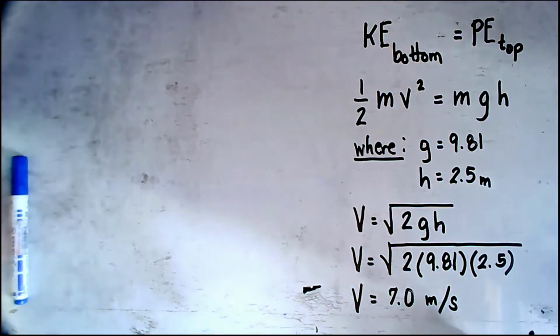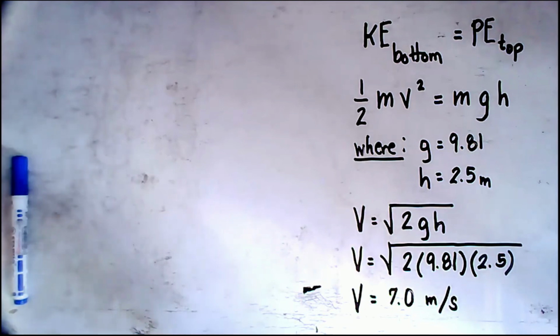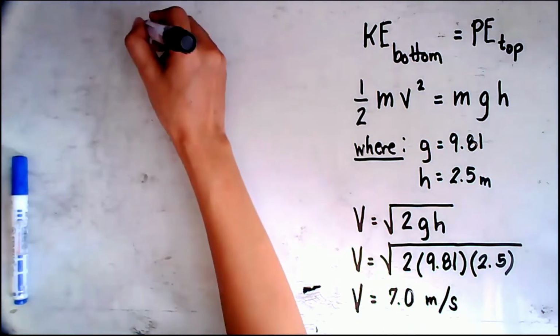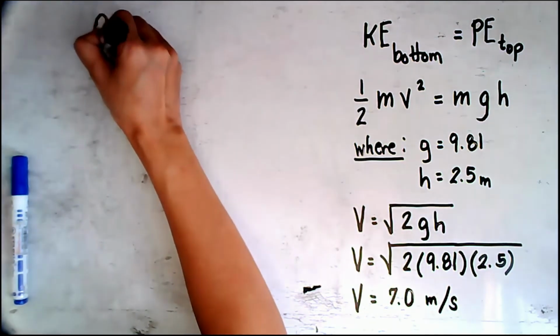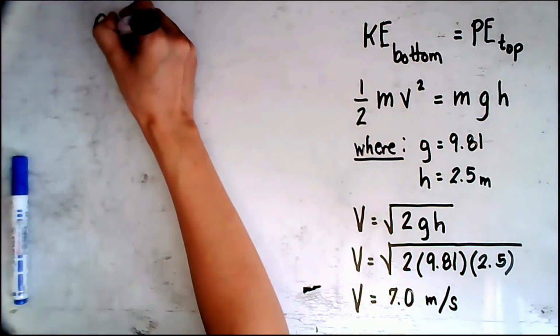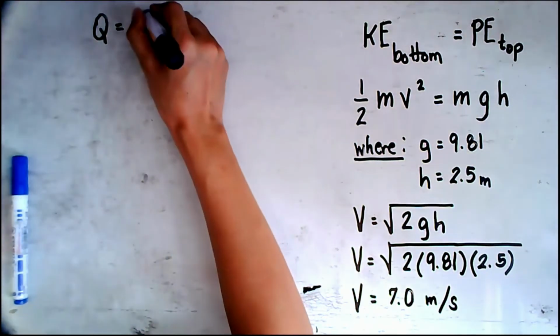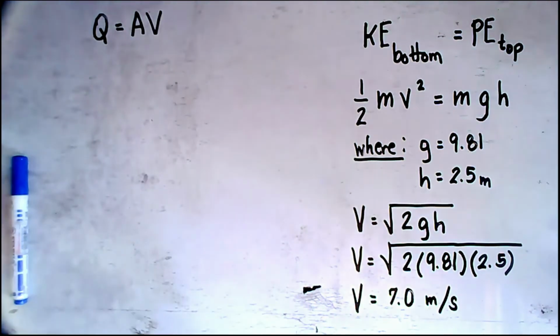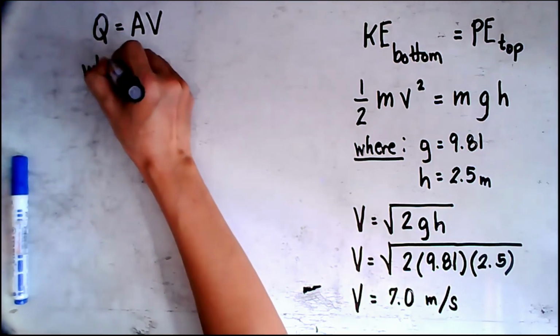Why do we have to determine the value of this velocity? We can use it in determining the volume of water that will come out in a minute, by using the formula for discharge Q, which equals A times V, wherein A is the area and V is the velocity.